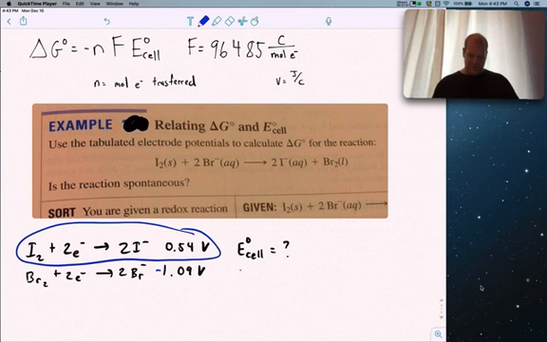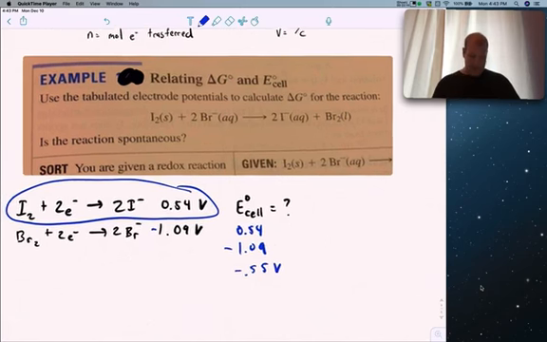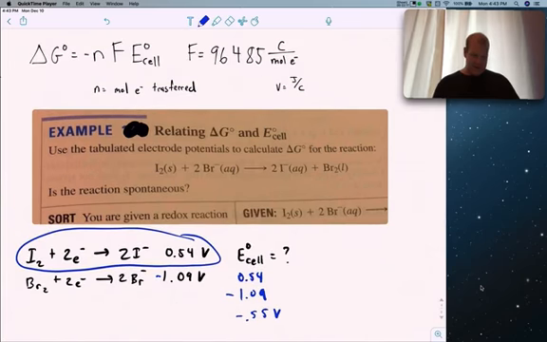So it's going to be 0.54 minus 1.09. So this is going to be minus 0.55 volts. Okay, and we already know it's non-spontaneous.